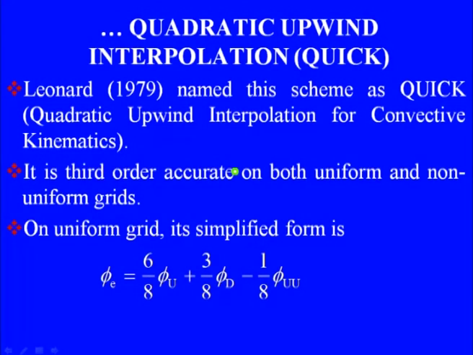Now, because of third order accuracy, this scheme is again very popular in modeling advection dominated problems. But note here that there are still some issues with oscillations, which are not as severe as in the central difference scheme, but nevertheless there are some possibilities of obtaining unwanted oscillations in the numerical solution with the use of the quadratic upwind interpolation scheme.